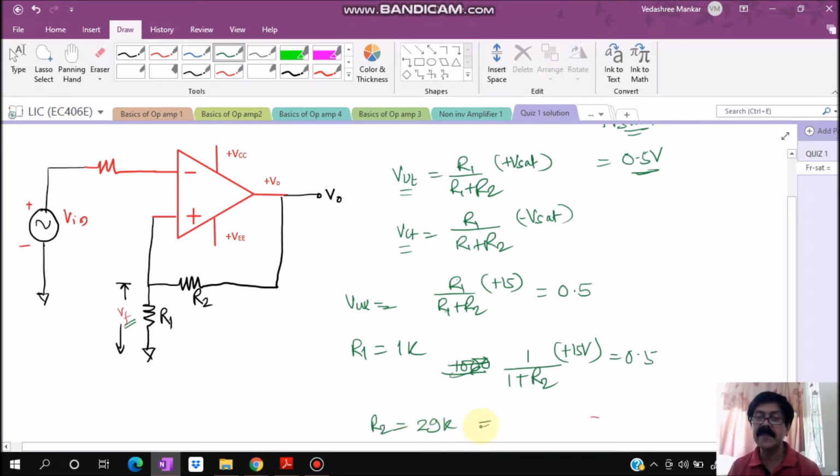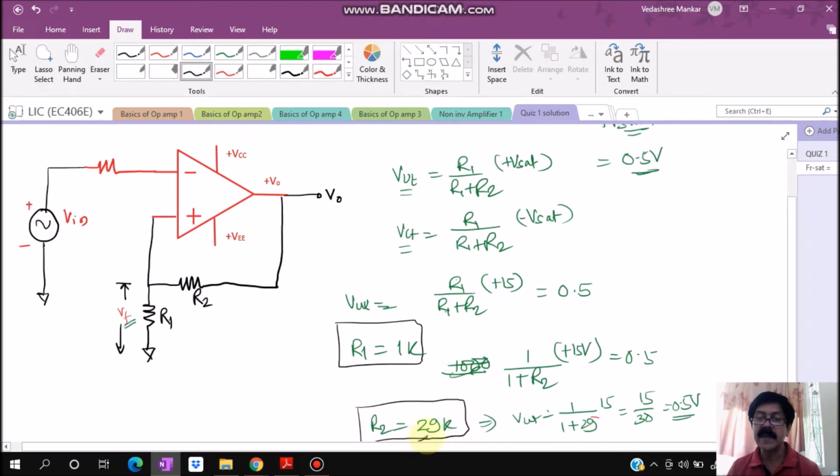And we can verify that: if I put VUT equals 1K upon 1 plus 29 into 15, it will give me 15 upon 30, that is 0.5 volt. So I got my values if I choose R1 as 1K and R2 as 29K. So our design is ready.